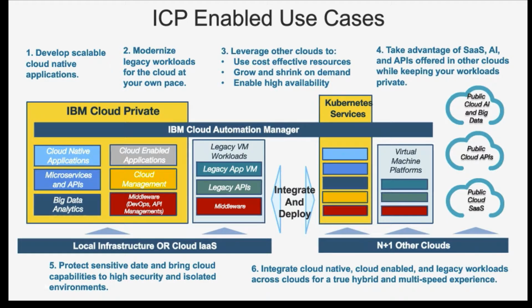Traditionally, you would have to bring your data to our cloud in order to use those services. But with IBM Cloud Private, we are deploying a growing library of those AI and cognitive services so that you're able to bring them into your data center or into your secure enclave and use them on your data.